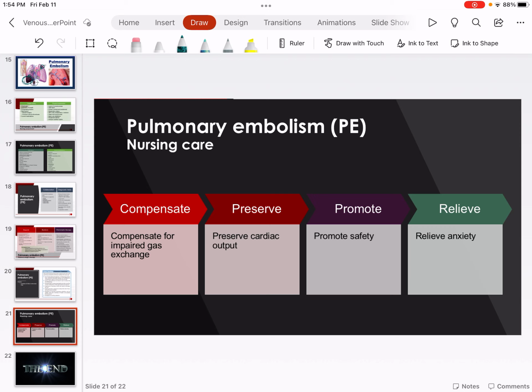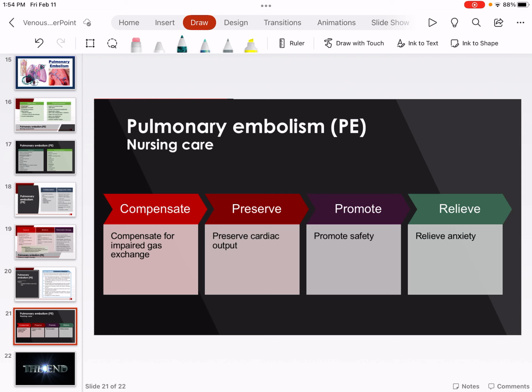And then amniotic fluid that is released into the circulation during childbirth would also be considered an embolus. And then an intravenous injection of air or other foreign substances could be considered an embolism and could be harmful to the client.